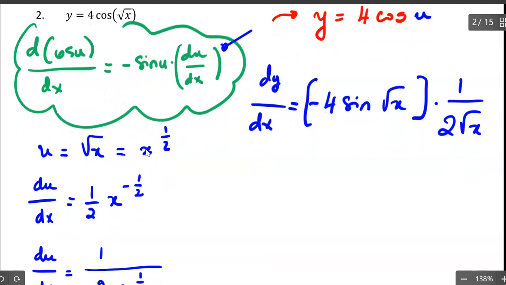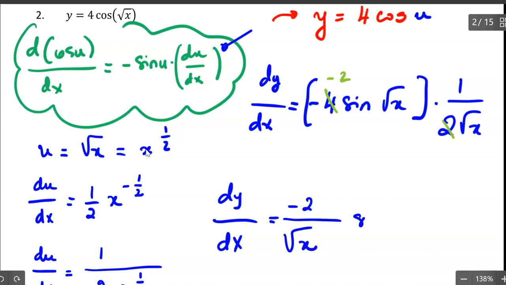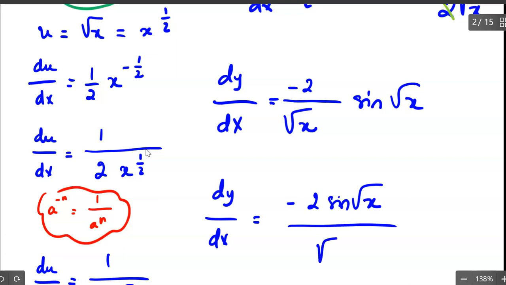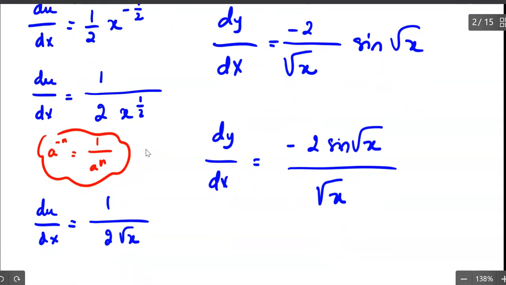So how about we simplify our answer? So that and that cancel will give me negative 2. So I will have dy over dx equal to negative 2 over square root of x times sine square root of x, or you can write your answer like this: negative 2 sine argument square root of x, the whole thing, divided by square root of x.